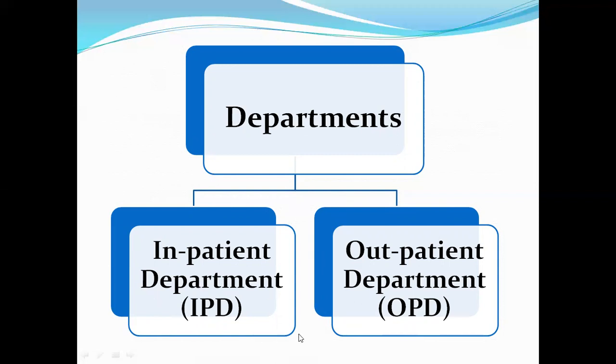For your brief knowledge, the inpatient department is a department where a patient gets admitted, and the outpatient department, the OPD, is where a patient visits a doctor, like the clinics which have been established in a locality. The outpatient department functions like that.